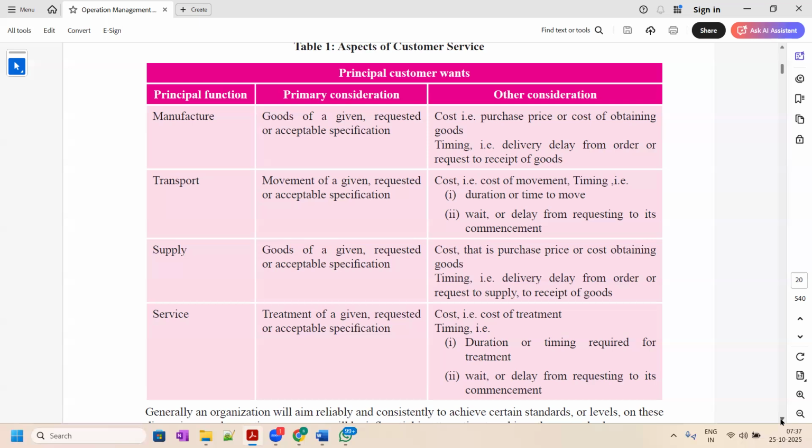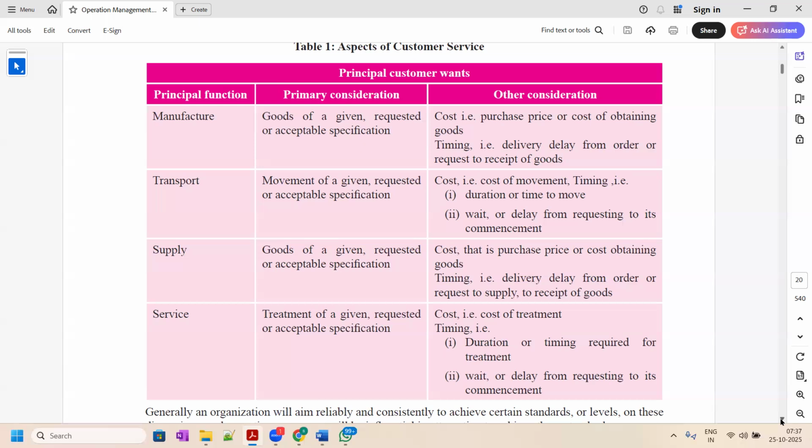Transport and supply are more or less the same thing. Supply is a part of manufacture plus transport. Whenever we give an order, we should get the product soon, it should not involve too much costing, and it should not affect the timing of getting the product.